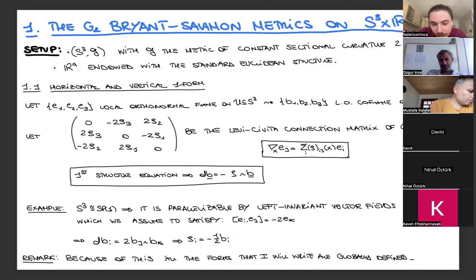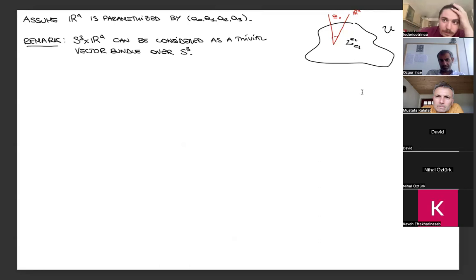Now, because of this form, all the forms that we are going to construct will be globally defined, because we have a globally defined coframe. This will be evident and apparent in the following. But now we have dealt with the S^3 part of our manifold.